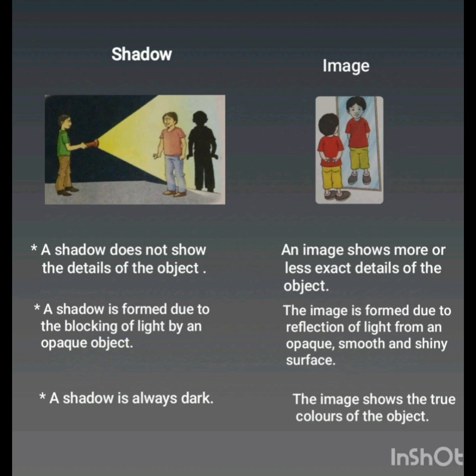A shadow is formed due to the blocking of light by an opaque object, while the image is formed due to reflection of light from an opaque, smooth, and shiny surface. A shadow is always dark, while the image shows true colors of the object.